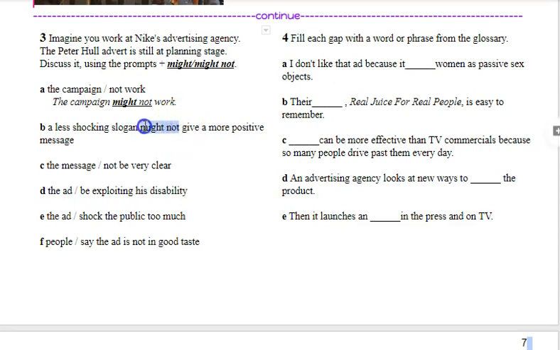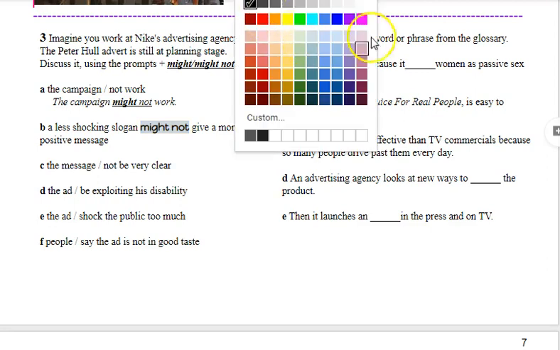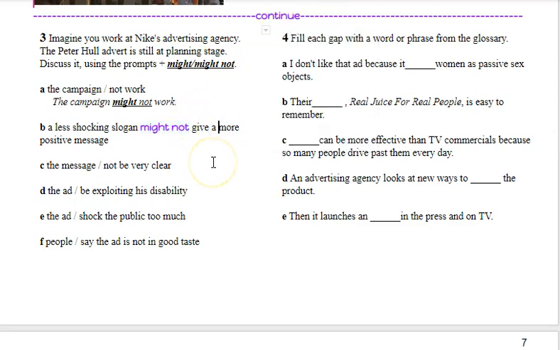All right. Okay, I have a question, Sandy. Why did you use might not? Because if you give that shocking slogan that cannot attract more customers. So you mean to say the campaign needs to have a more shocking slogan.